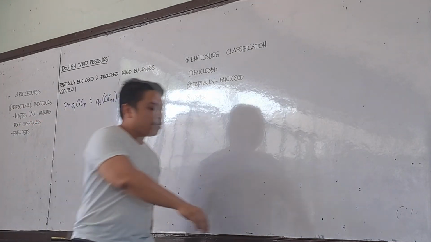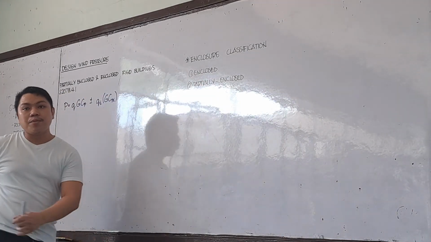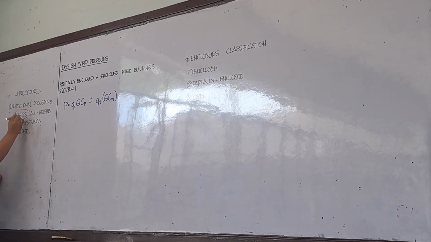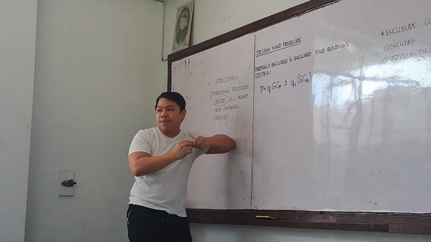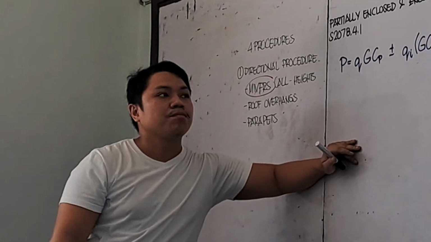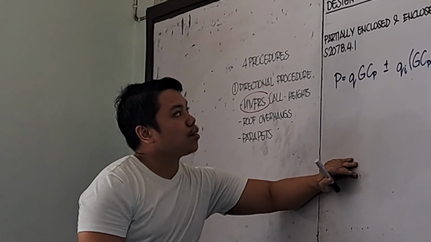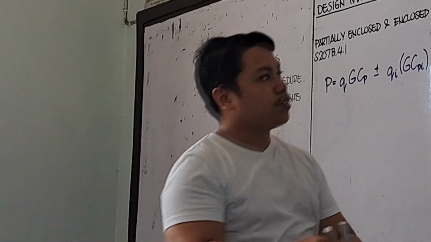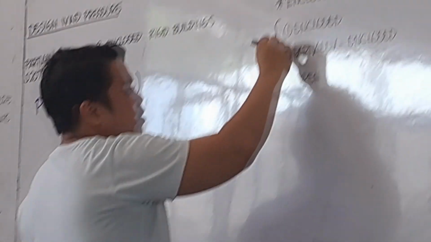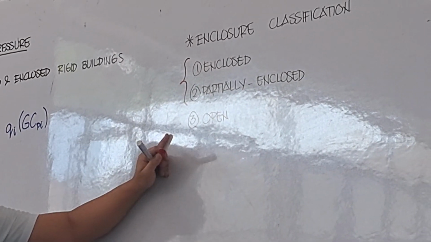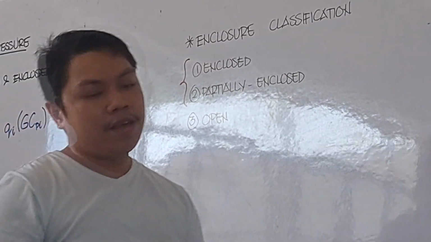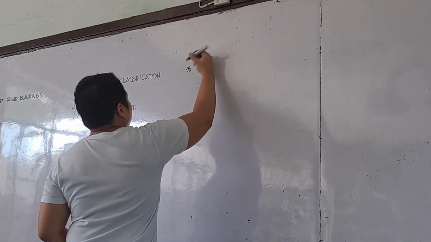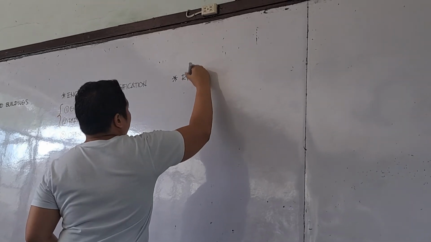For our design winds, we will determine our design for the main wind force resisting system or our building frame, commonly known as the structural frame. But under 207B.4, we will have 3 types. The first type is for enclosed and partially enclosed. The second is based on rigidity.